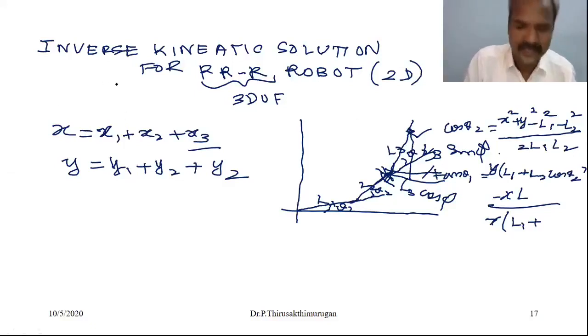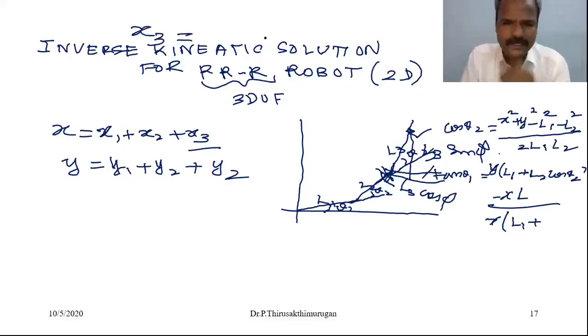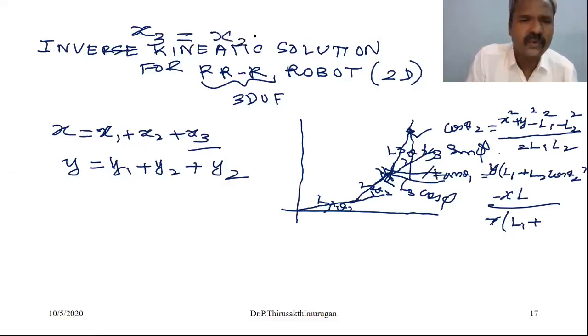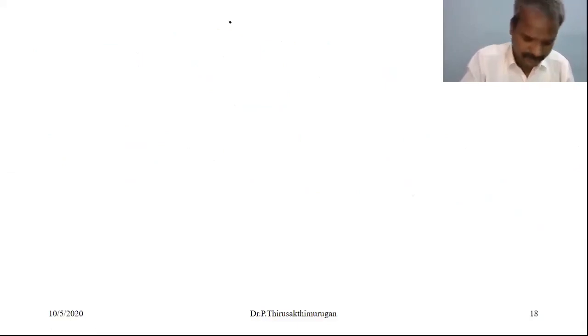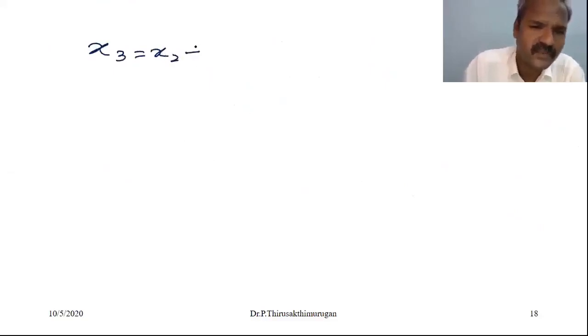So what you are getting? x3 equal to x2 plus, that is x1 plus x2 plus L3 cos phi.